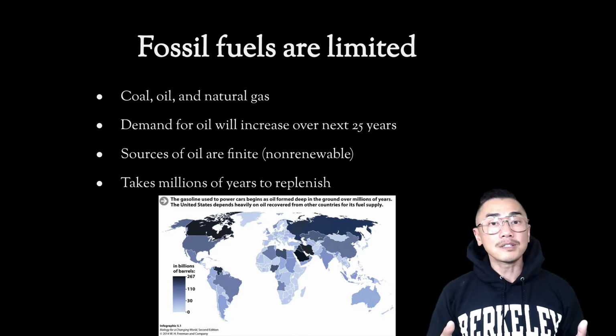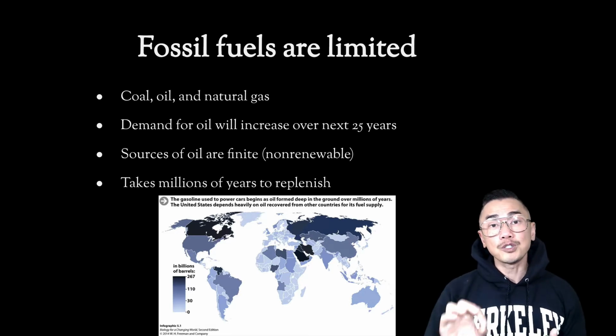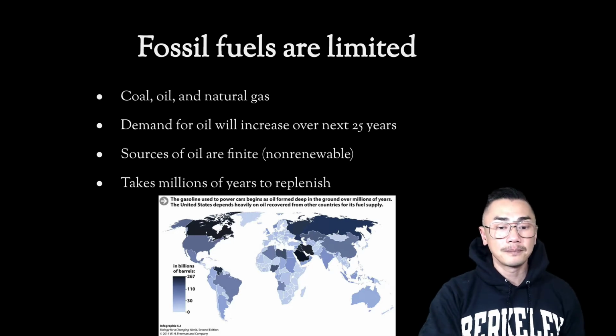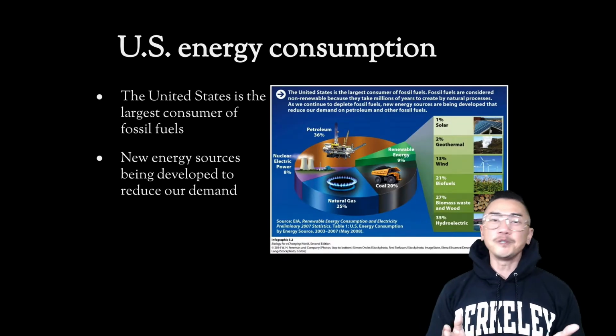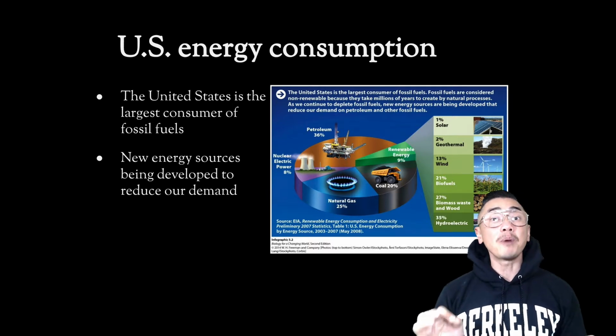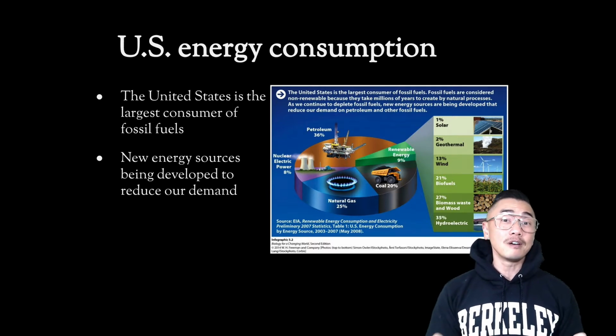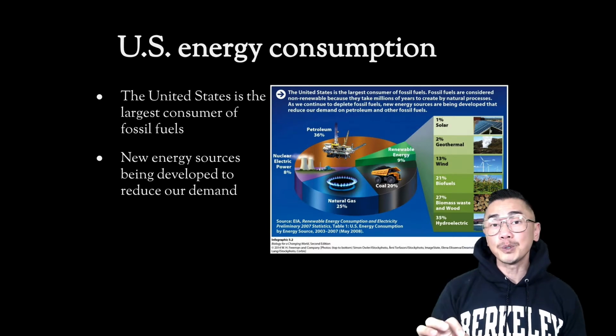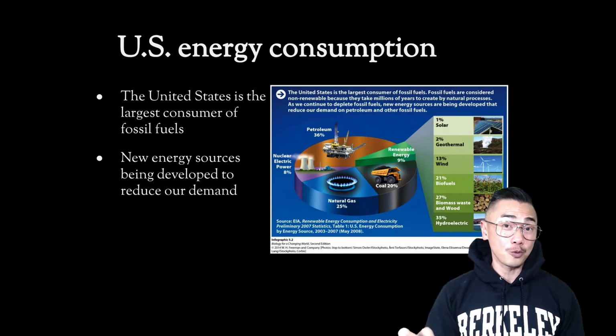The map on this slide shows how a few countries in the world produce most of the world's oil supply. The United States only makes up about 4.25% of the world's population, but it uses more fossil fuels than any other country in the world.